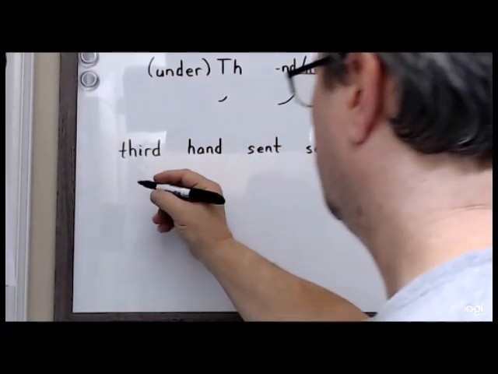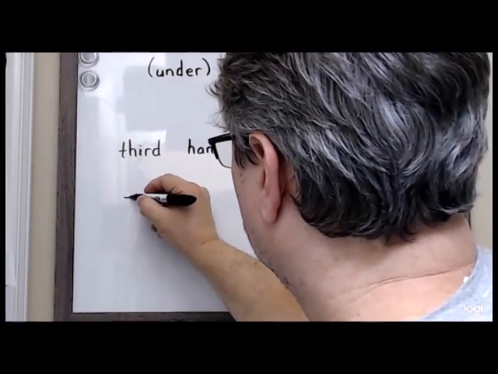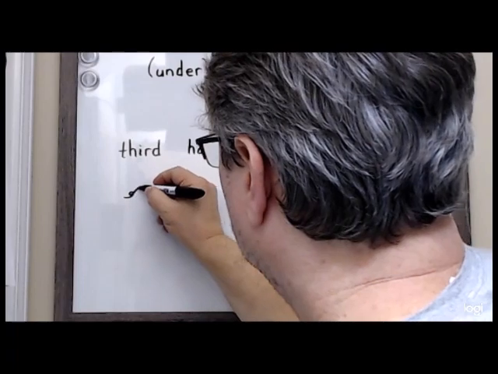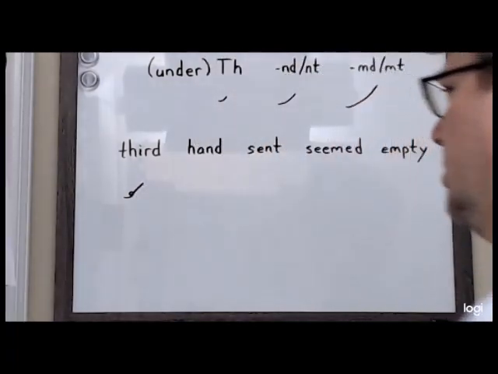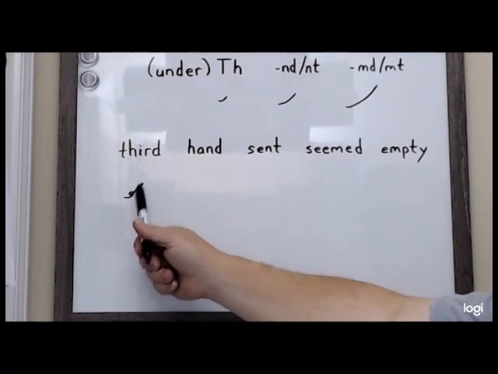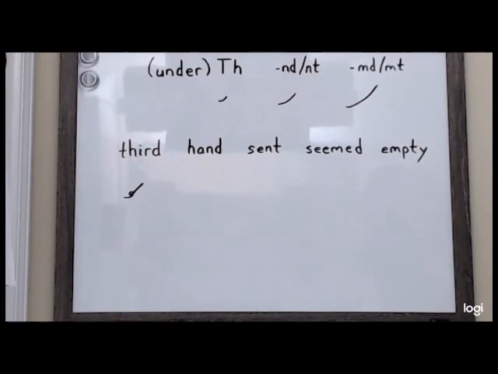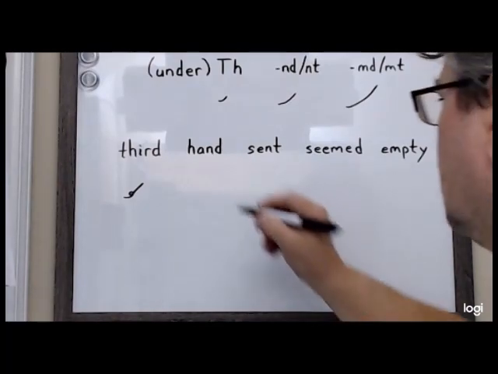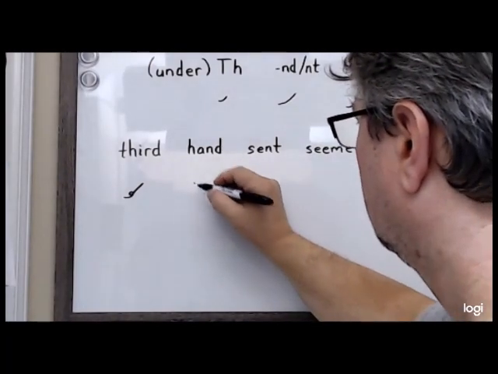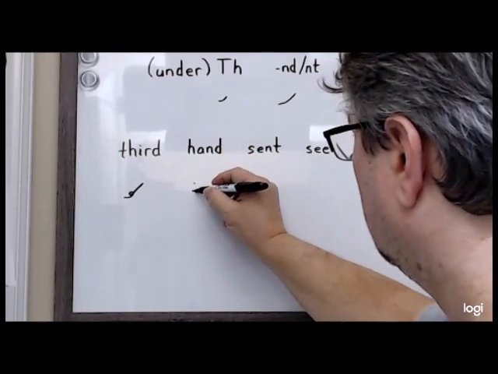So the word third is written with the under TH, the E, and the D. Now this is a short form, and the E right here represents the I and the R sound in third. The word hand, letter H, the letter A is understood, and then the N-D.